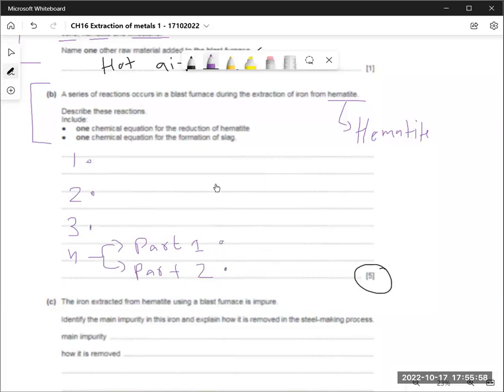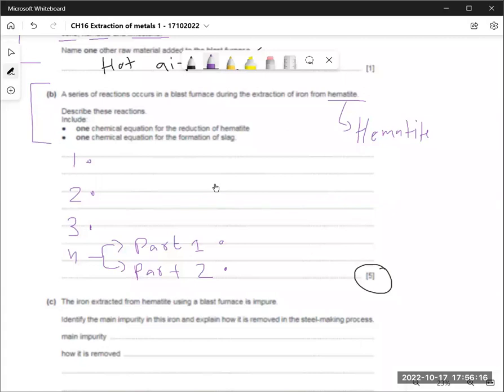So in the extraction of iron, what are the steps? Tell me one step.